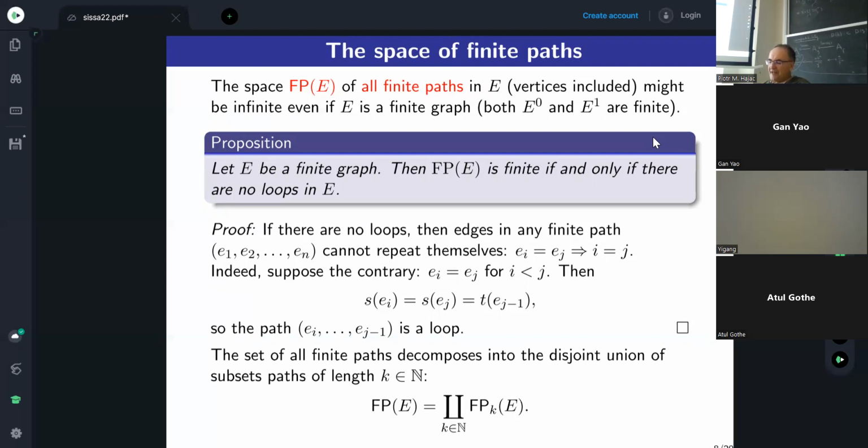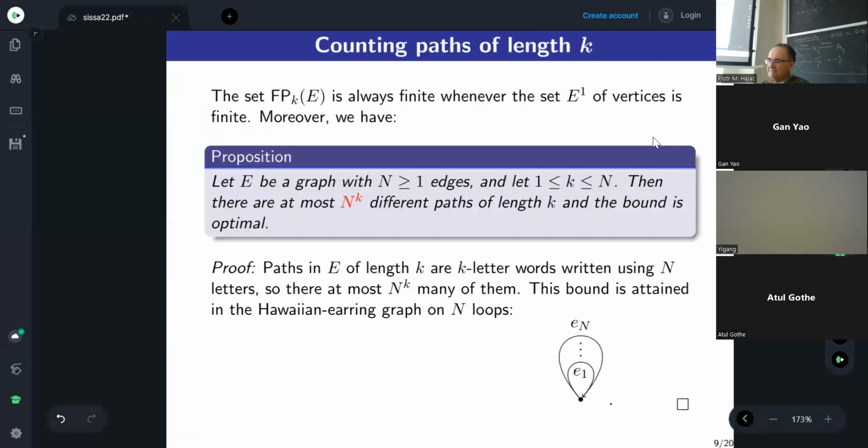So any finite path has its length. First you have paths of length 0, paths of length 1, length 2, and so on and so forth, and you scale like this to infinity. And of course, it might happen that for some sufficiently large k, you have empty sets, right? Still the formula is correct. For any graph, the space of all finite paths decomposes into such a disjoint union.